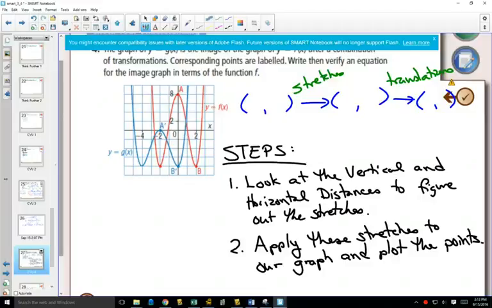And you'll see what that is when we go through this example. So we're going to figure out what our stretches are horizontally and vertically. Then we're going to plot those points after that stretch. In other words, we're going to be plotting this point right there, the middle point.